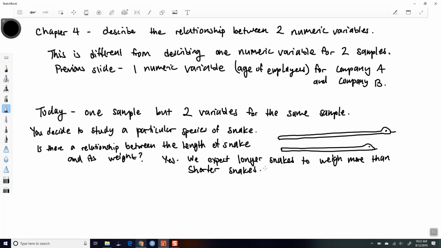This is pretty much what we're going to talk about today. The focus of today's lecture is that we want to be able to describe the relationship between two variables, in this case length and weight, but with a little bit more precise language.